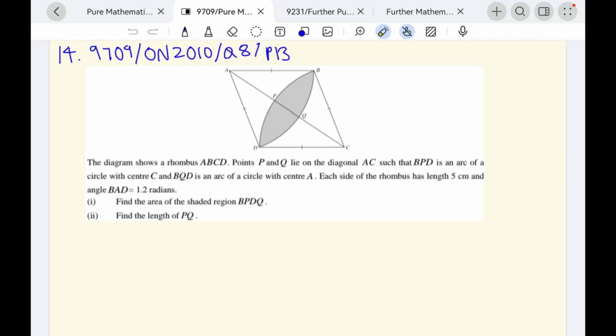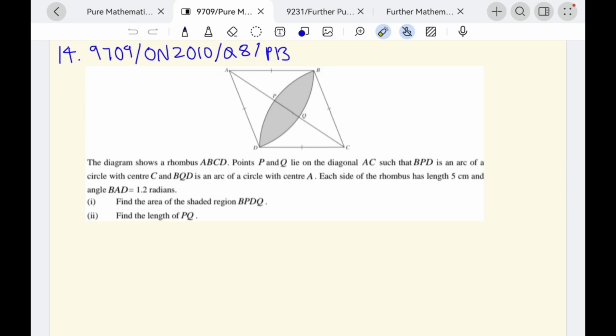This is a past question from 9709 October/November series 2010, question 8 from paper 1-3. Referring to the diagram, it shows a rhombus ABCD, where points P and Q lie on the diagonal AC, such that BPD is an arc, as well as the arc BQD, with center C for the arc BPD and center A for the arc BQD.